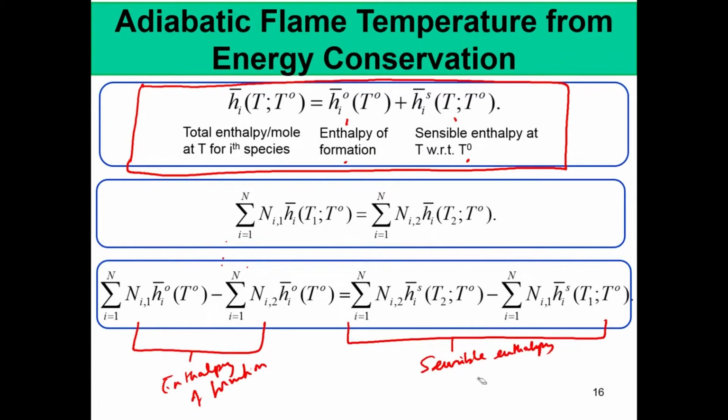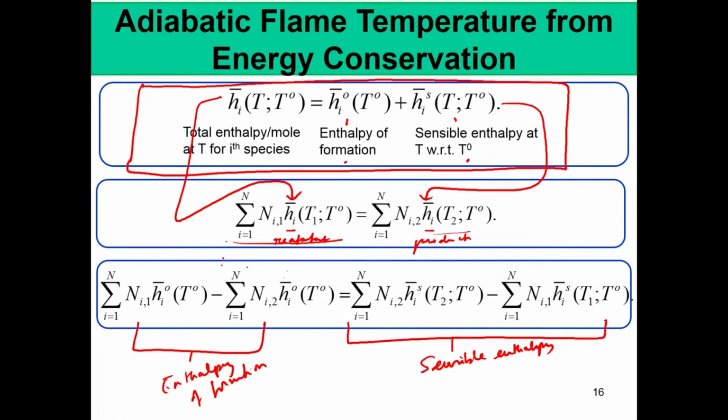So, this is the total enthalpy of the reactants, this is the total enthalpy of the products. You can use this one to substitute here and here. Then on the left hand side you have the enthalpy of formation of the reactants plus the sensible enthalpy of the reactants, and the enthalpy of formation of the products plus the sensible enthalpy of the products.